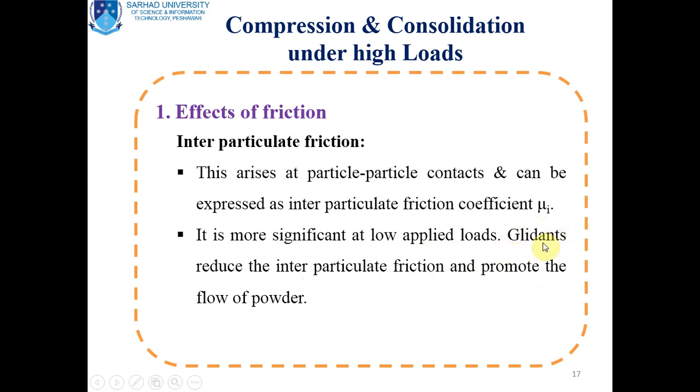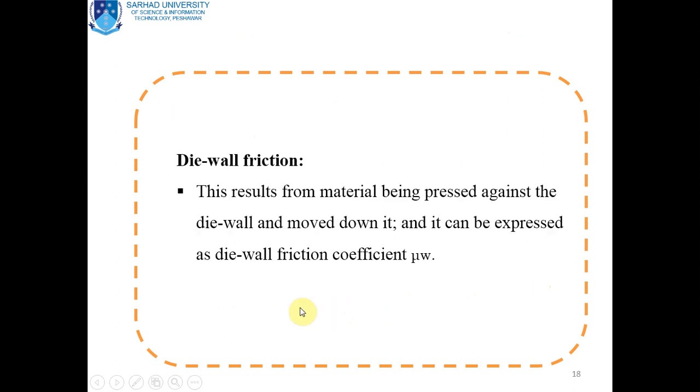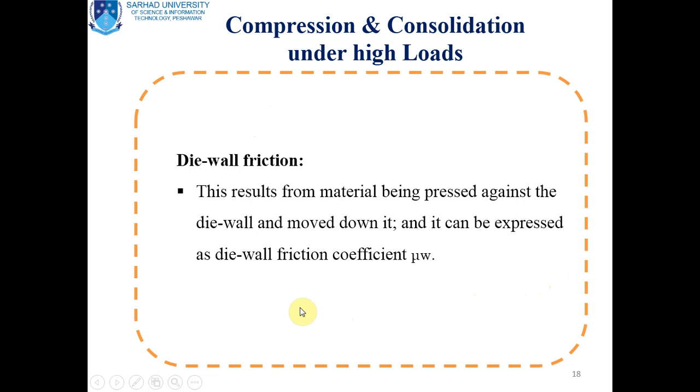The role of gradients is explained here: gradients reduce the interparticulate friction and promote the flow properties of the powder. The second one is die wall friction. This results from material being pressed against the die wall and moved down it, and it can be expressed as the die wall friction coefficient mu W.